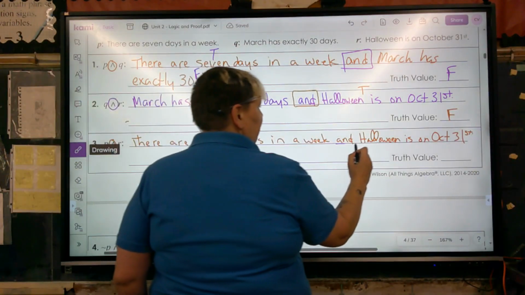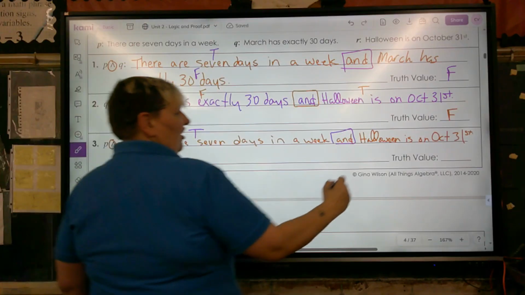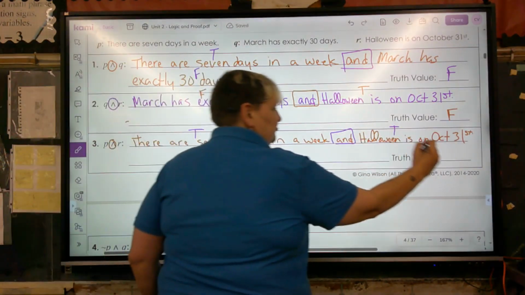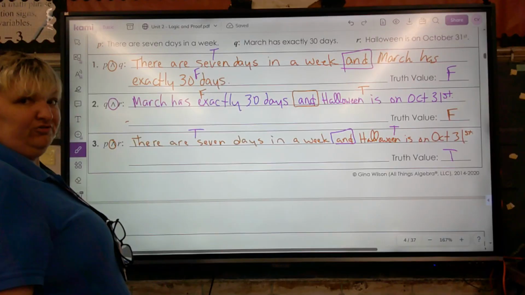It's an and statement, so they both have to be true. There are 7 days in a week. Halloween is on October 31st. Both have to be true to make the truth value true. Hopefully that's what you got.